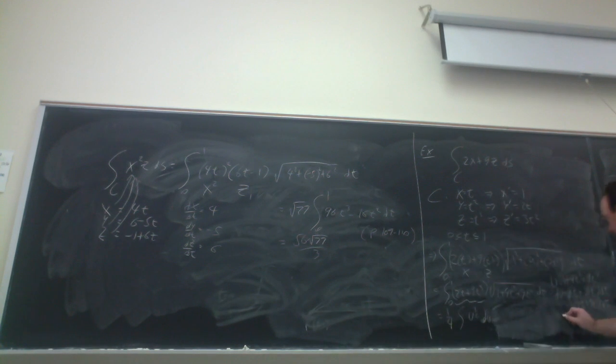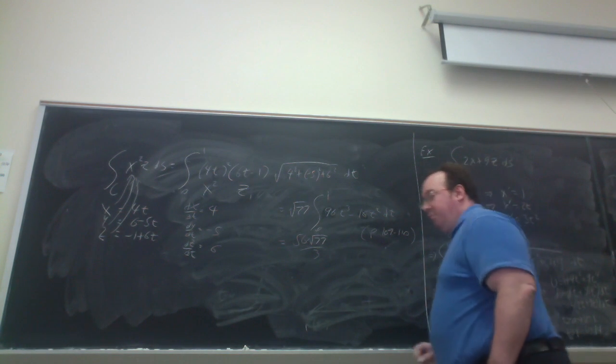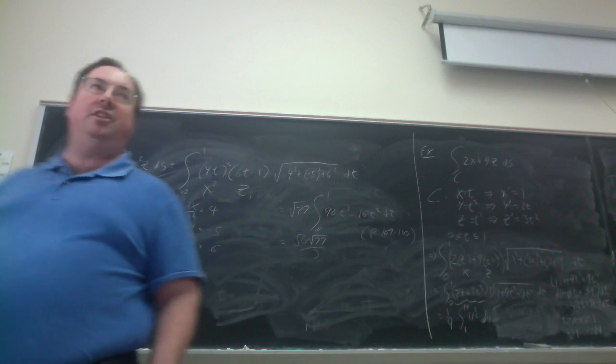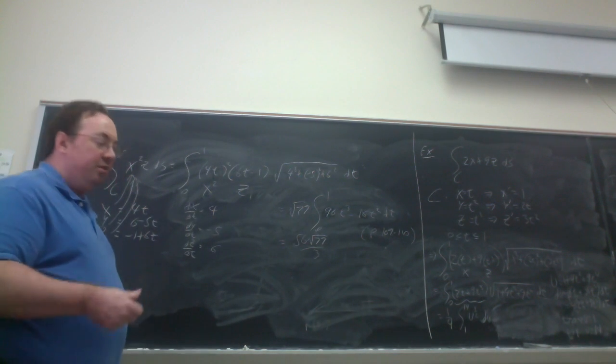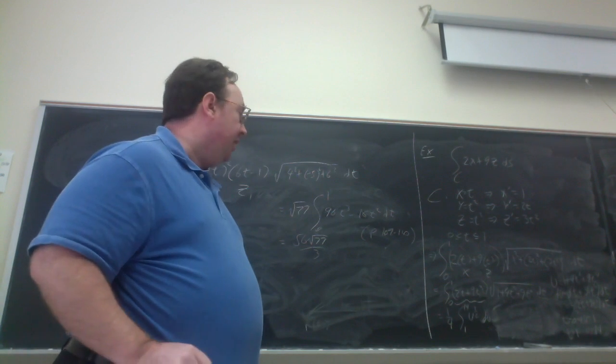Then you can plug in the limits. If t equals 0, u is equal to 1, and if t is equal to 1, then u is equal to 14. If you want to do the limits that way, that's how you would handle it. You plug your original limits into your substitution, and what you get out is u. Those are your limits in the new integral.